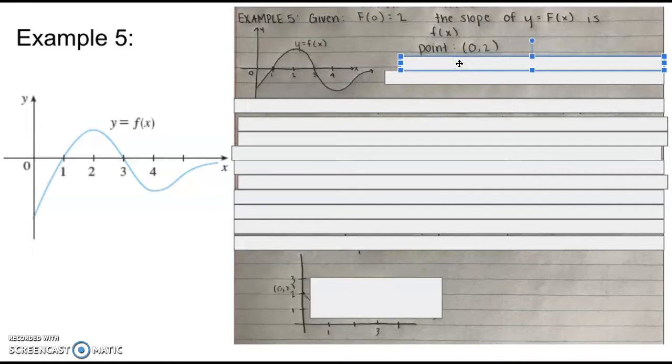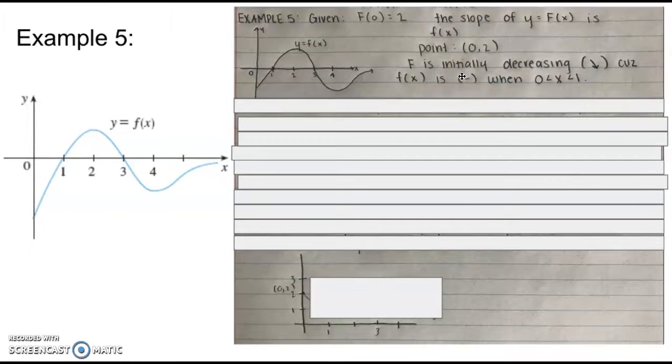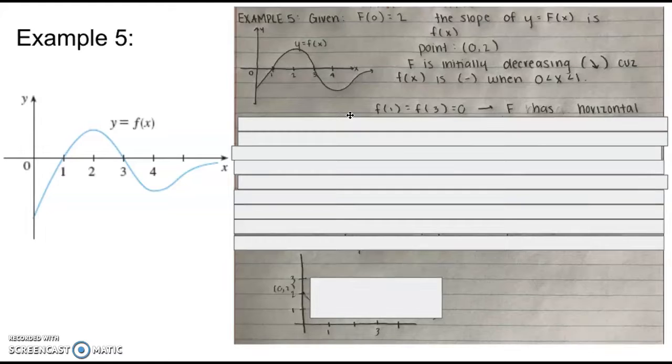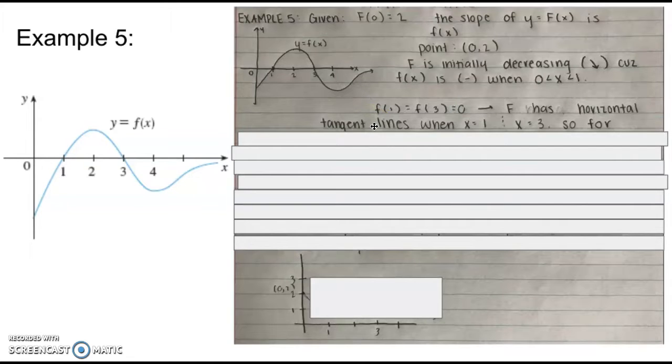Capital F is initially decreasing because f of x is negative when 0 is less than x less than 1. We can also see from the graph, if we look at these points 1 and 3, that f of 1 is equal to f of 3, which are both equal to 0, which means that capital F has horizontal tangent lines when x equals 1 and x equals 3.